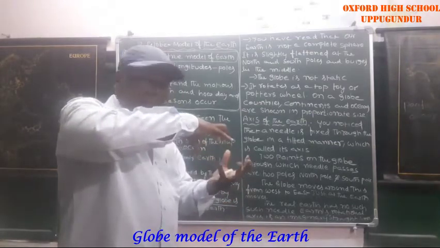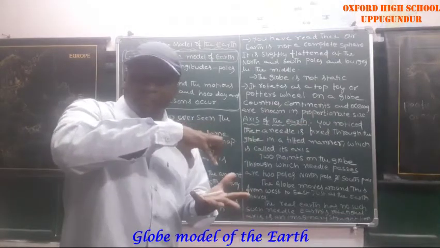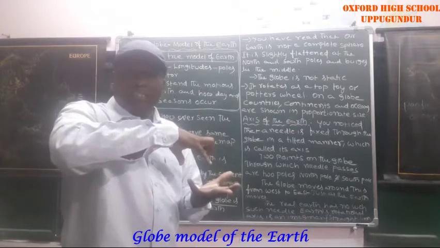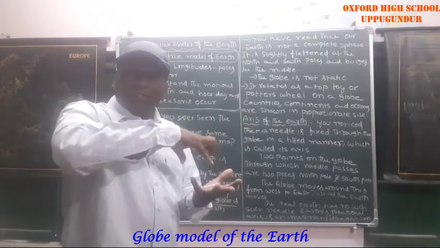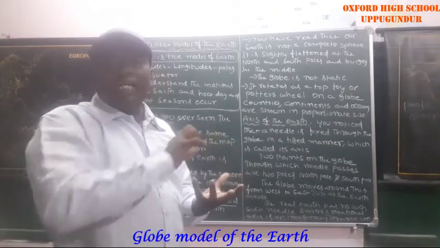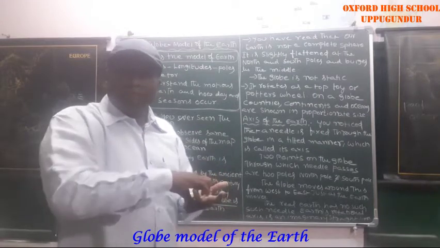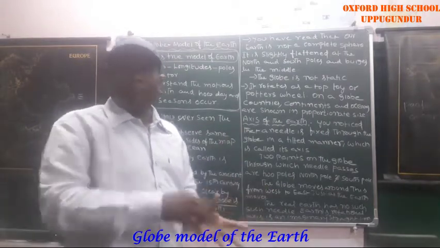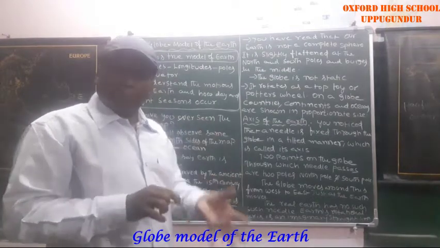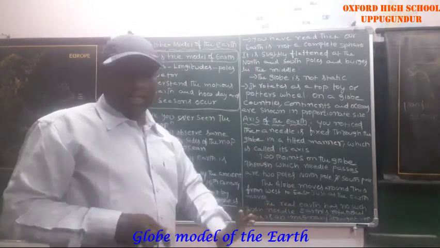If you see the globe, especially the west side and east side, which ocean is flowing? Yes, the Pacific Ocean. Due to the round shape of the earth, we can identify the same ocean on the west side and east side. The Pacific Ocean separates the Americas from Asia and Australia.